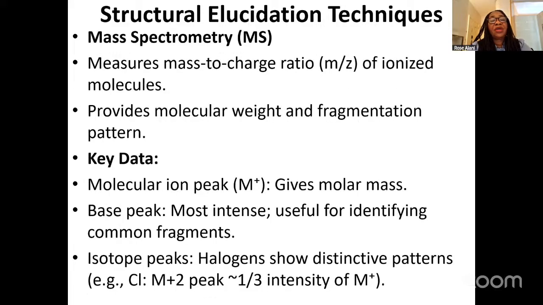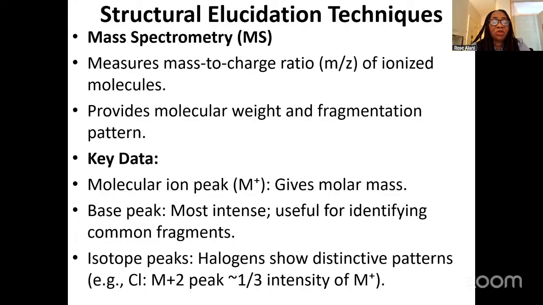And then you have your mass spectrometry, which measures mass to charge ratio of ionized molecules, and it provides molecular weight and fragmentation pattern. So the key data here, you have your molecular ion peak, which gives molar mass.